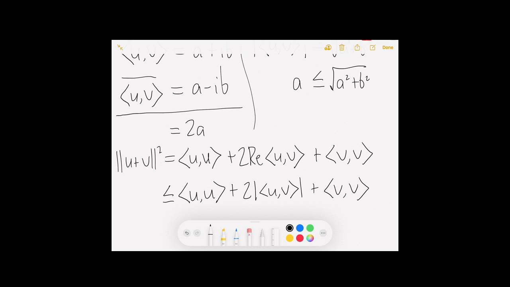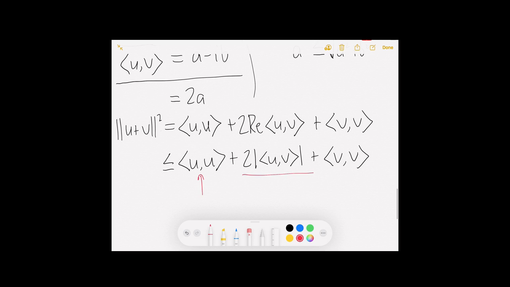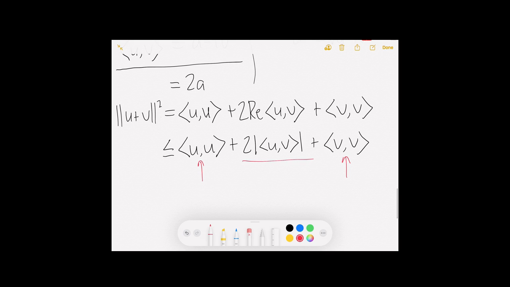In this case, we can apply the Cauchy-Schwarz inequality to this middle term. So this is going to be less than or equal to the product of the norm of u with the norm of v. And again, using the definition of our norm on these first and last terms, we get that this whole thing is less than or equal to the norm of u squared plus 2 times the norm of u times the norm of v plus the norm of v squared.